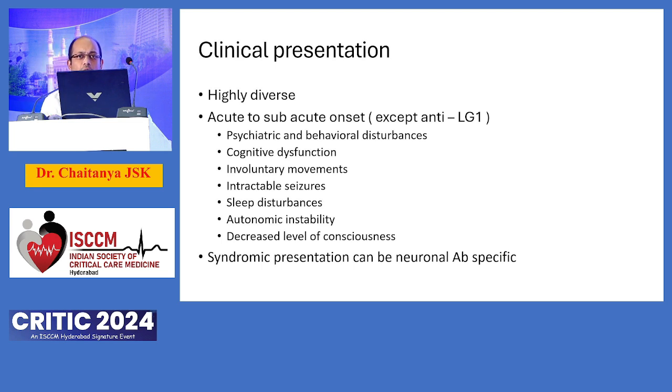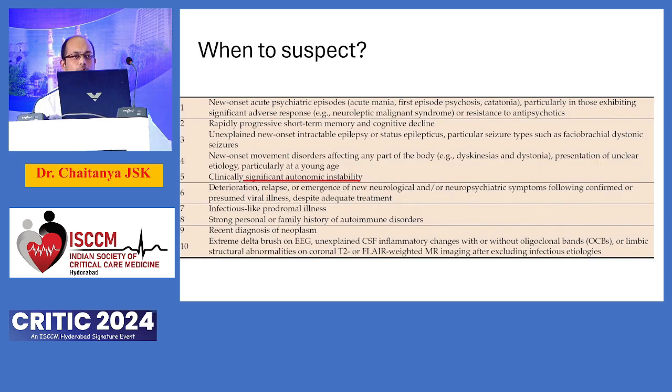Presentation can be syndromic, based on the neuronal antibody which we identify and the group of symptoms involved. So when do we suspect autoimmune encephalitis? Any new onset psychiatric episode, though we know that new onset psychiatric illness is more common than autoimmune encephalitis.